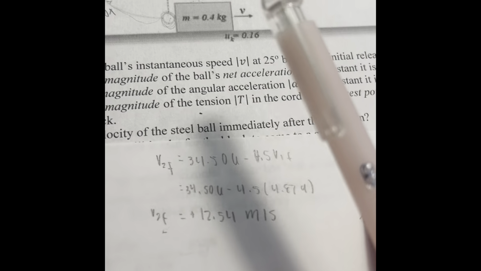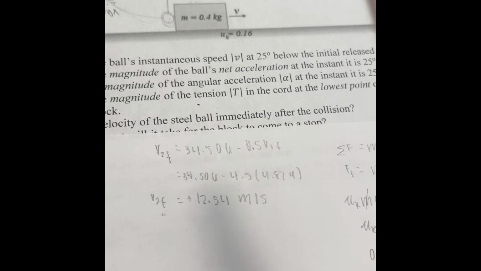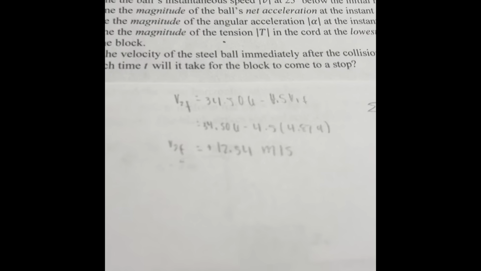I'm going to plug this in over here. 0 is equal to 1.568 t plus, negative, sorry. It'll be negative because the force of friction is acting against the block, which is causing it to slow down and eventually come to a stop. 12.54.